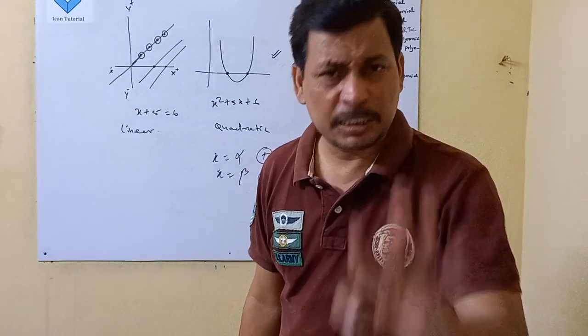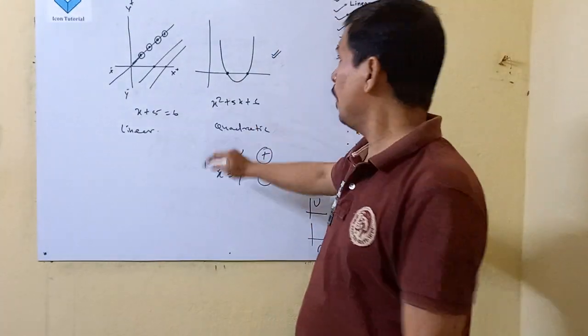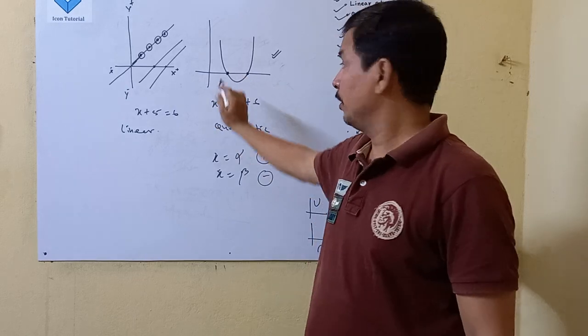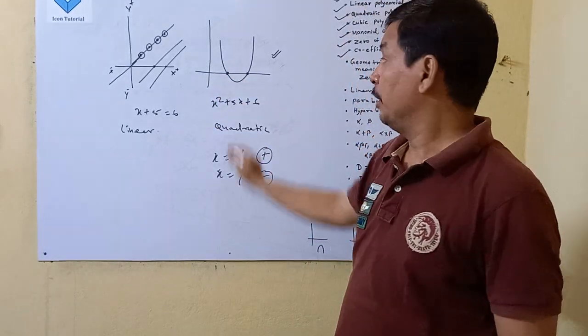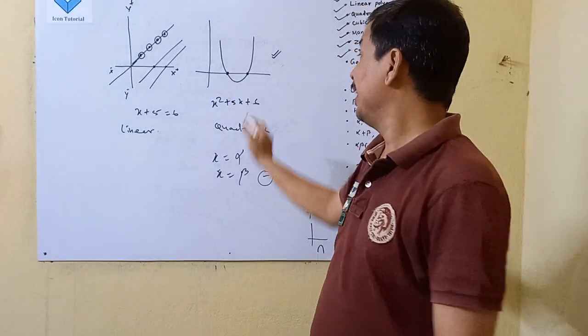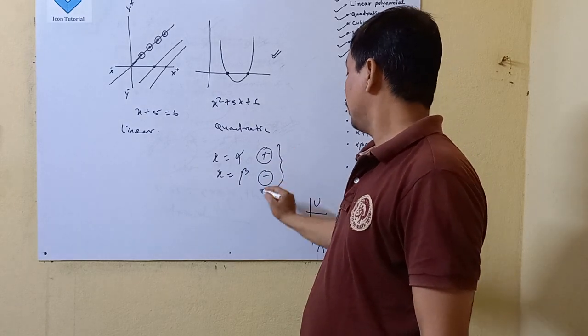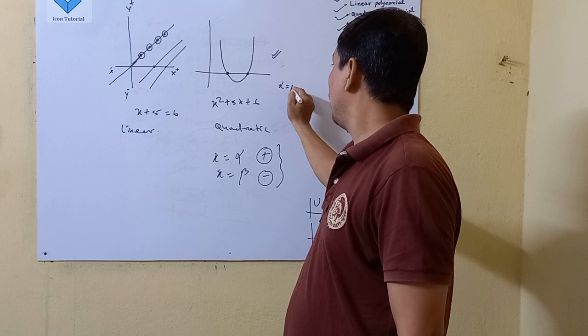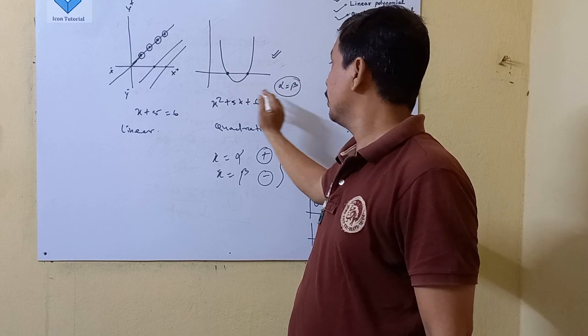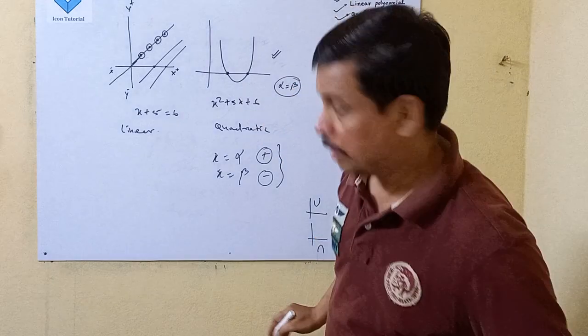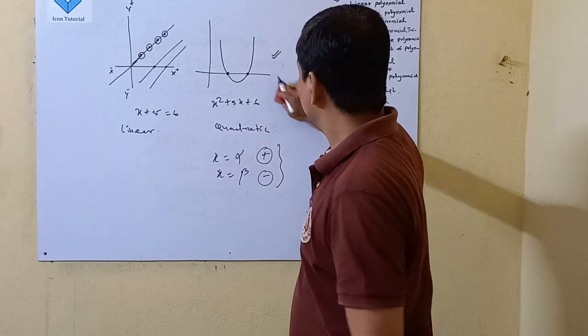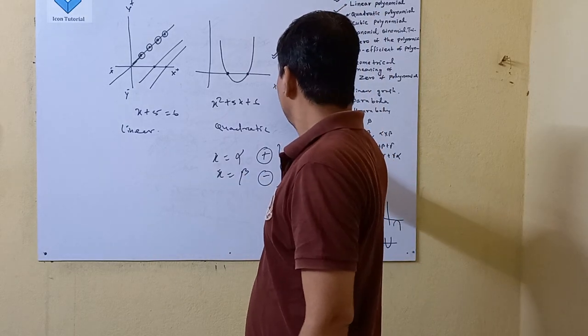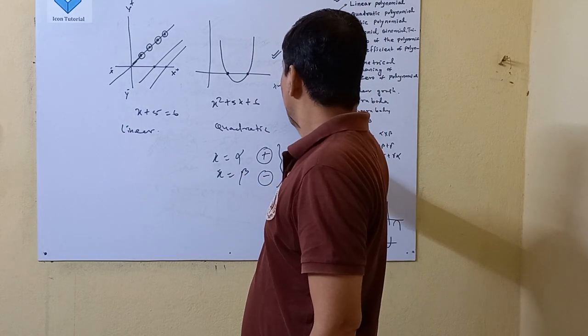So plus b, minus b, right? Now here two values are coming, both are plus. If two values are coming, then x may be alpha, may be beta. In this case, alpha is not equal to beta. This is two zeros. Remember, these are two zeros of the polynomial.